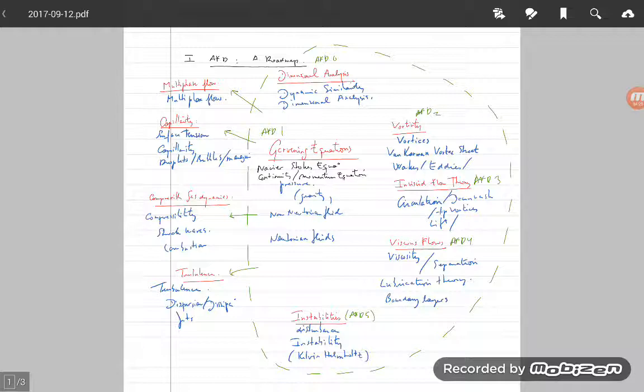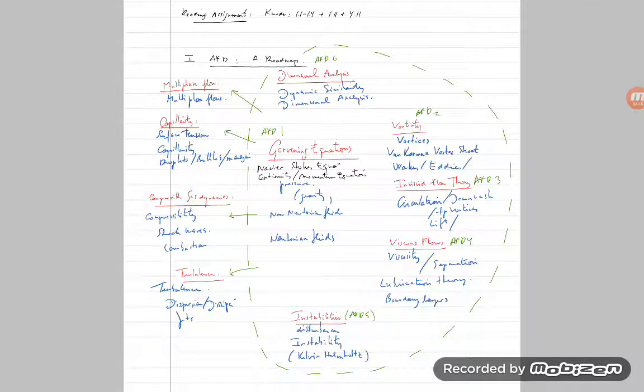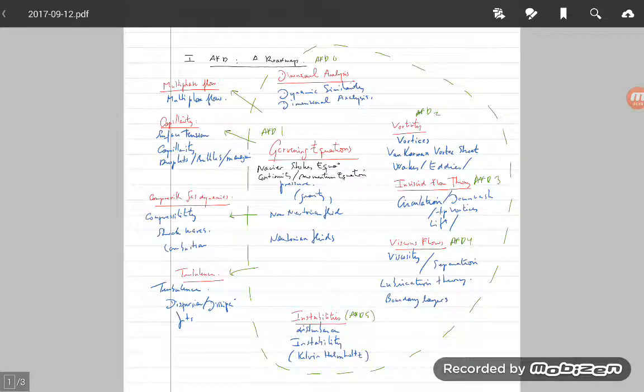Those are the most important equations. Once you understand mass conservation and the momentum equation, the work is done. You can pretty much solve any problem in fluid dynamics, provided you know how to find a solution. That's, in many cases, the difficult part.